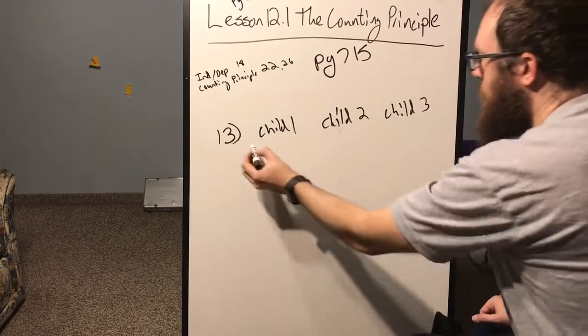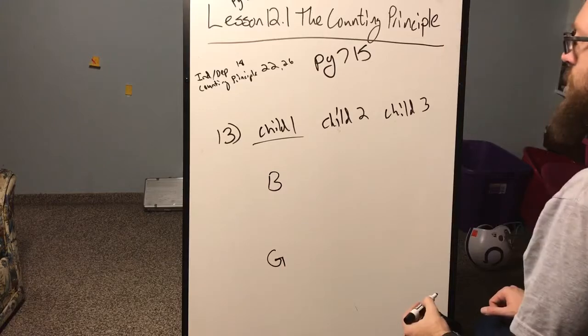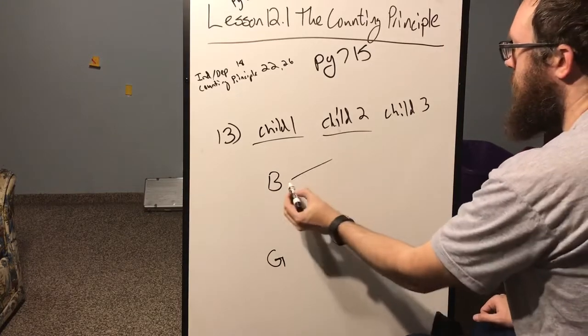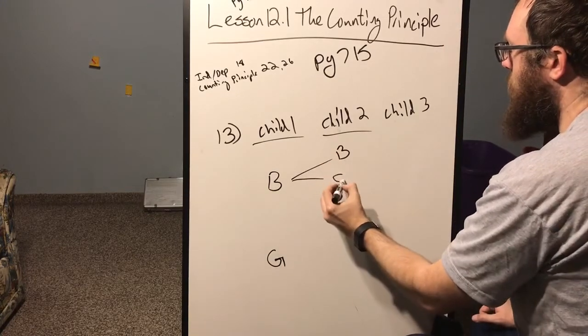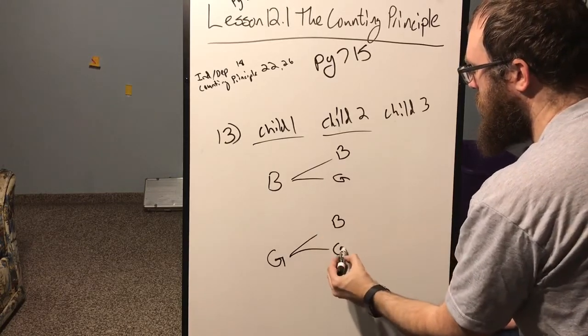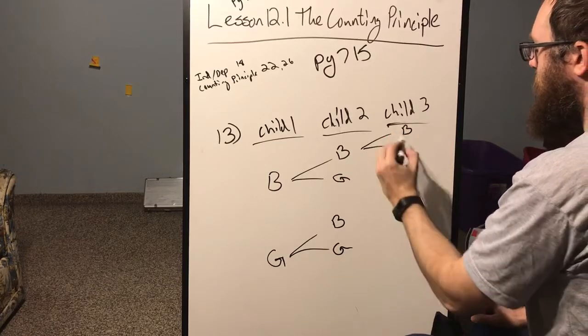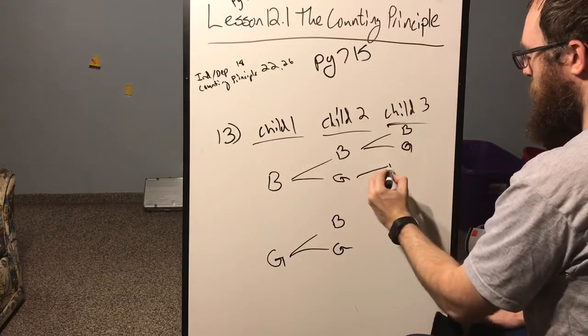Child 1 could either be a boy or a girl. And then from that, child 2 will either be a boy or a girl. And then from that, child number 3 will either be a boy or a girl.